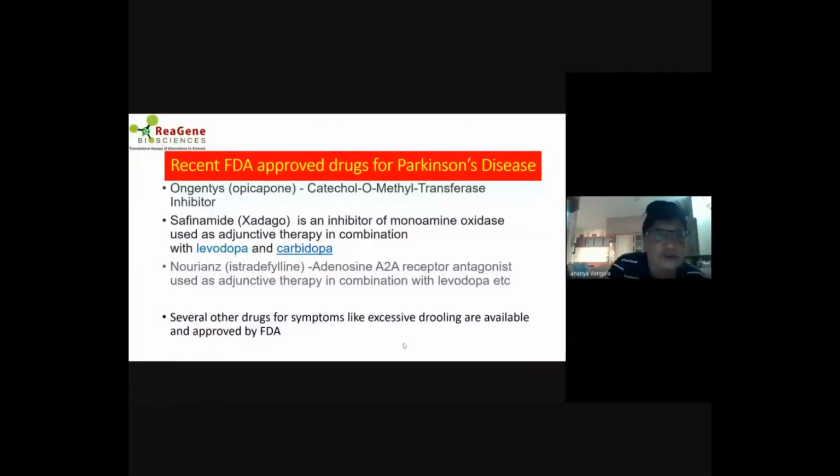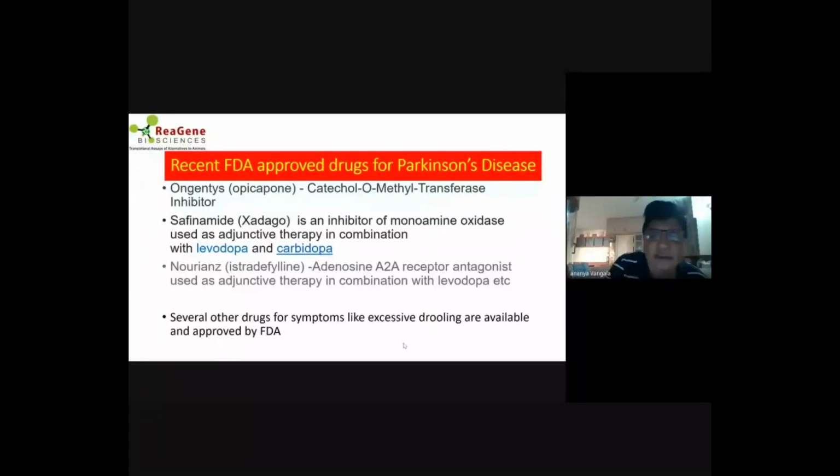All these drugs are used as adjunct therapies along with levodopa, carbidopa, and other drugs that people are using. Interestingly, one is also an adenosine A2A receptor antagonist, used as an adjunctive therapy in combination with levodopa. Several other drugs for symptoms like excessive drooling are also available, but they only treat symptoms.